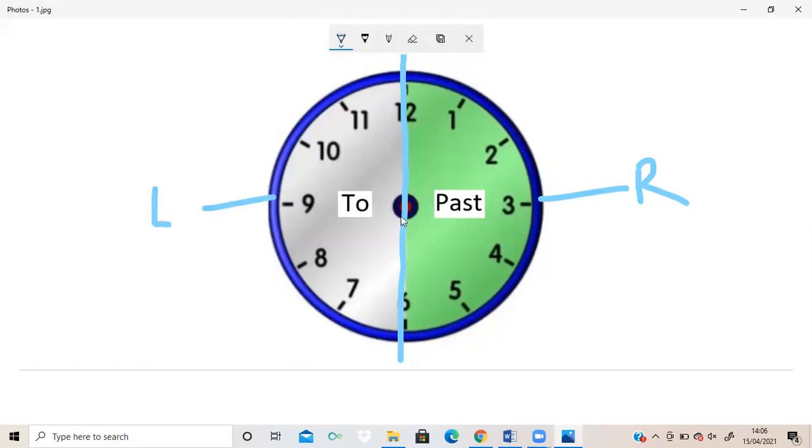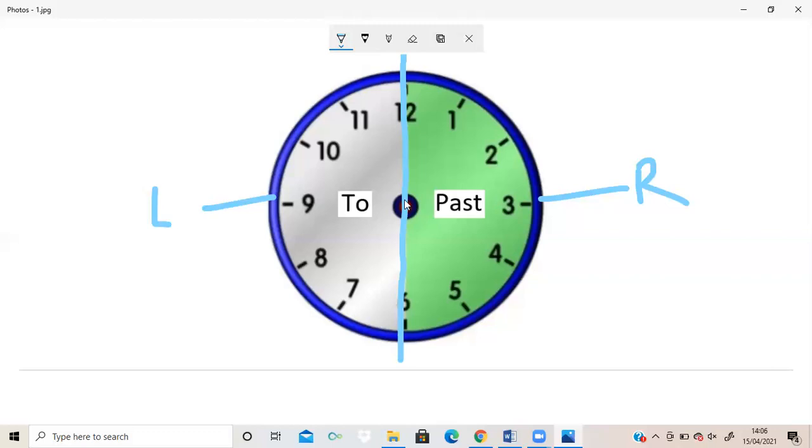If the minute hand is on the right hand side, then the time is past. And if the minute hand is on the left side, it is to. In my previous videos, I already discussed o'clock, quarter past, and half past.